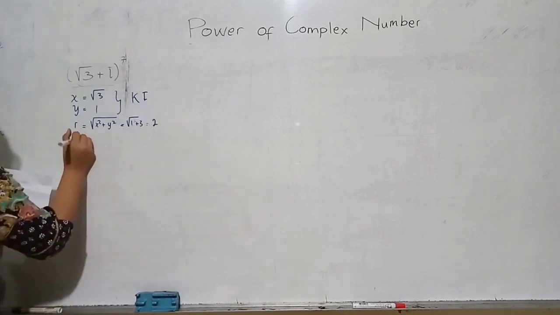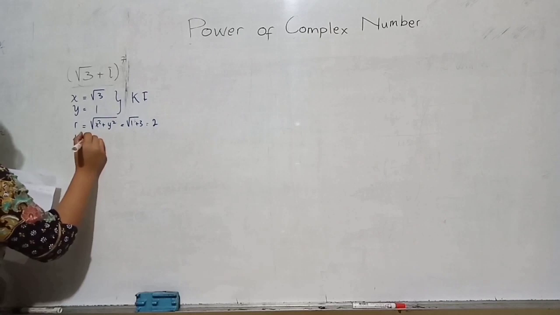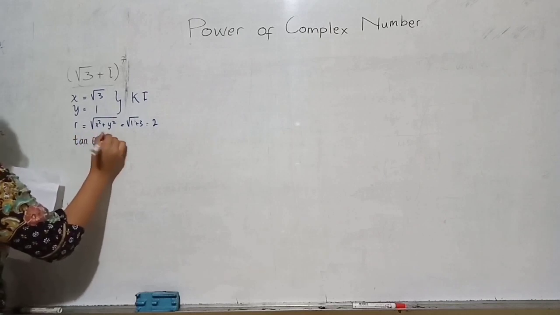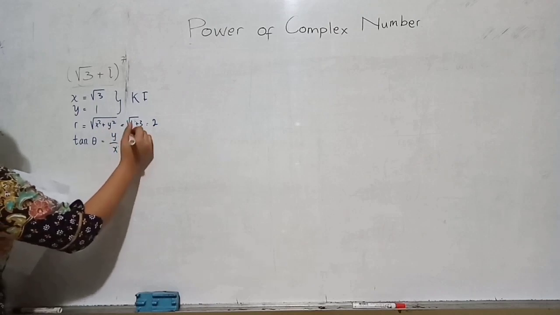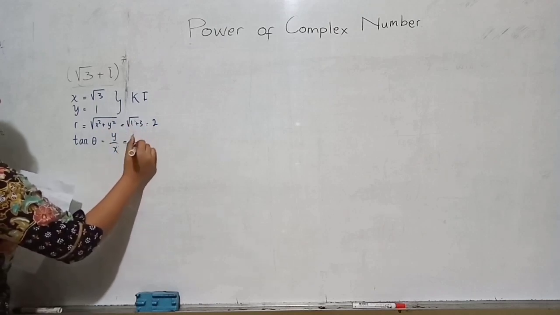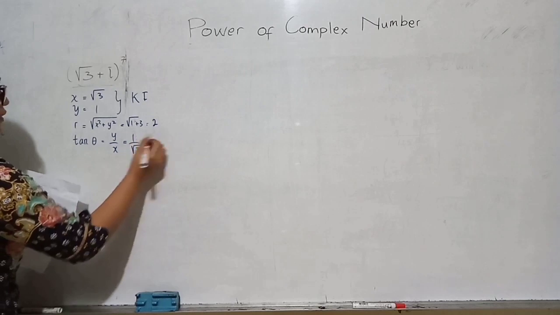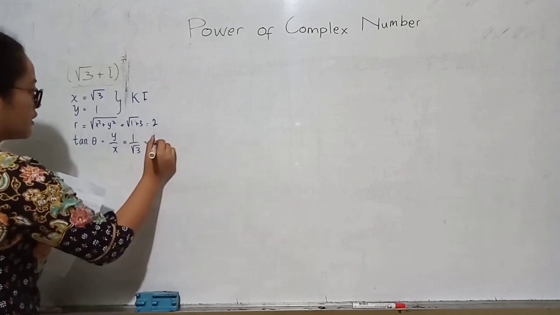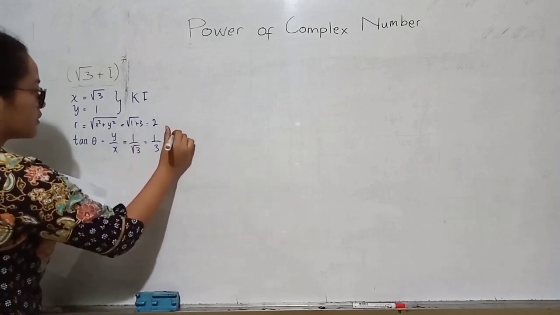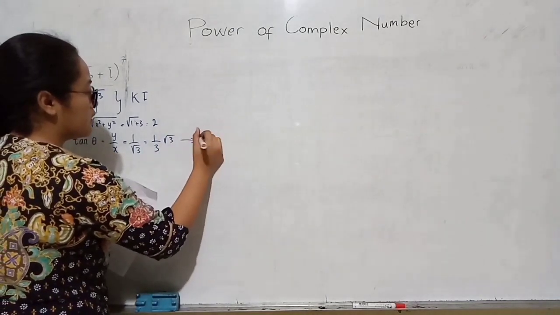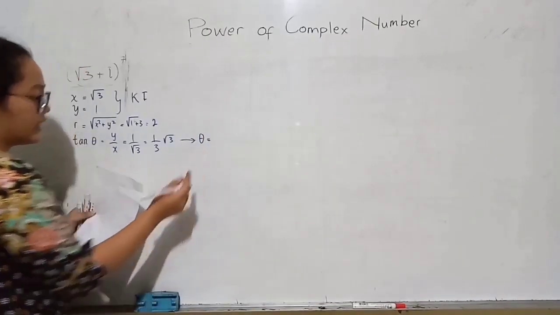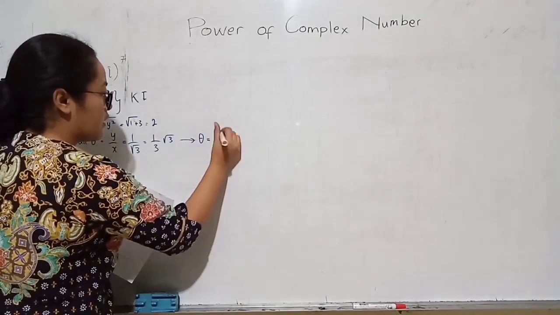And we find the value of tan theta is y over x. It is 1 over square root of 3, and we can change into 1 over 3 times square root of 3. And then we will find the value of theta is pi over 6.